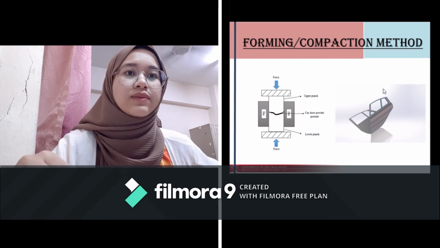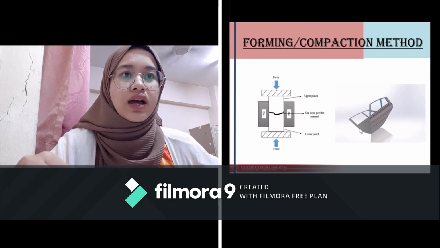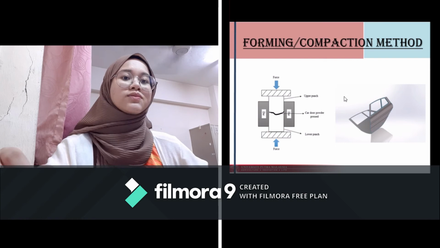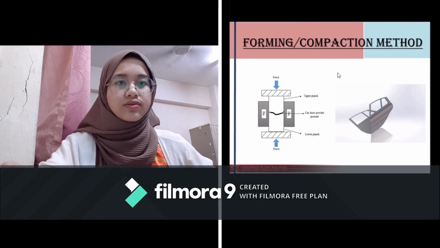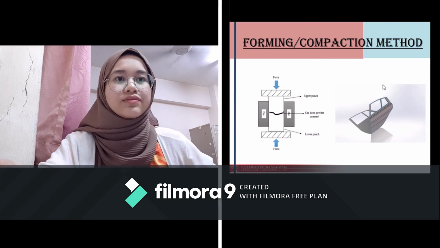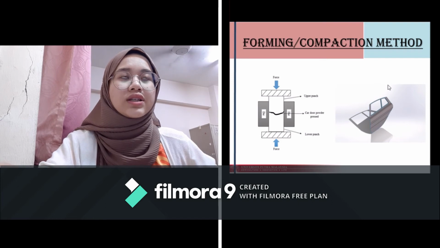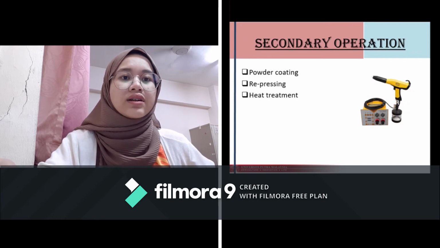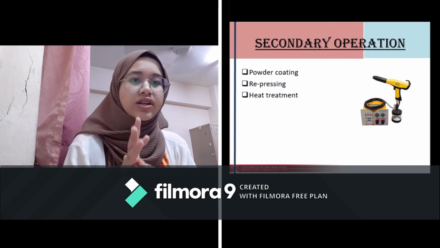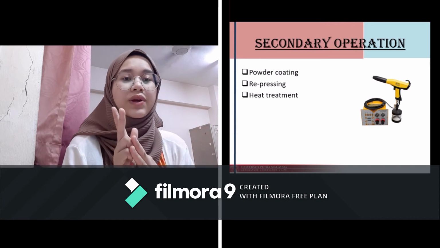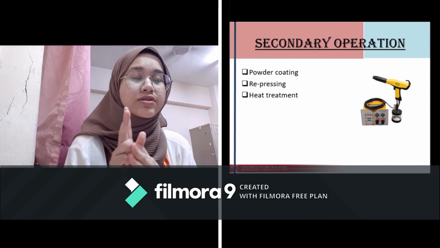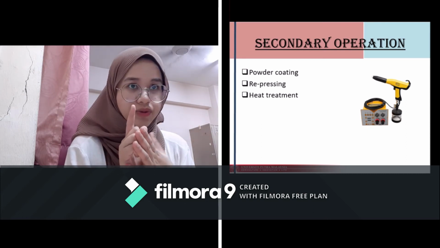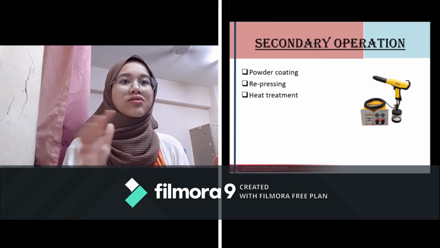Okay, so the other picture is the final product of the car door, the 3D drawing. And also after the material selection, after the compaction and forming process, and also the sintering process, we go through the secondary operation.